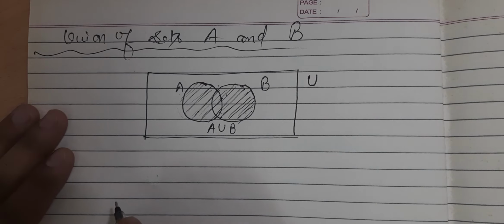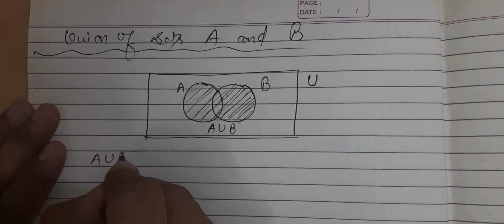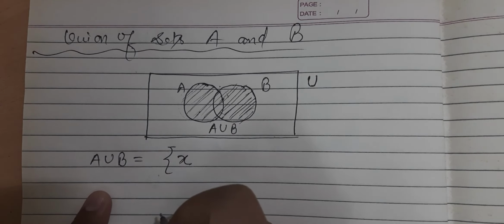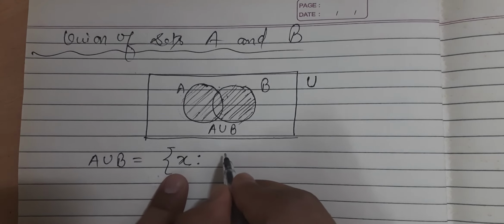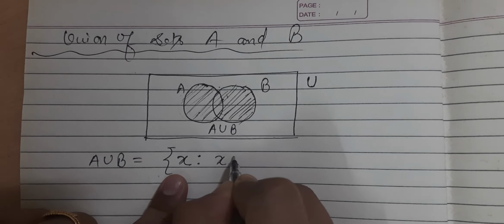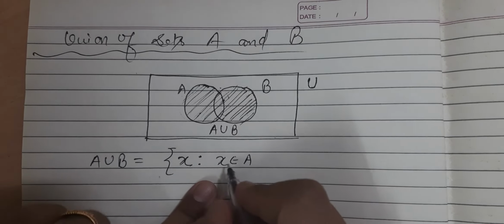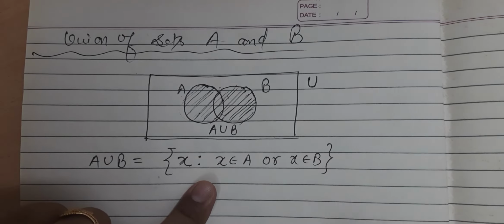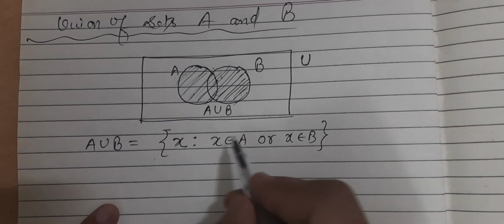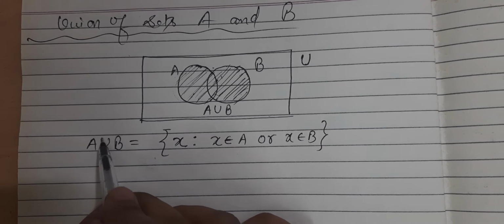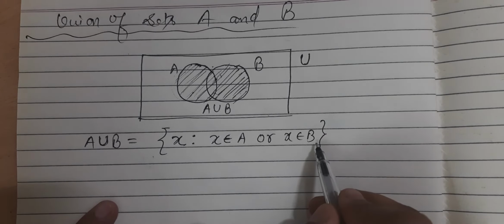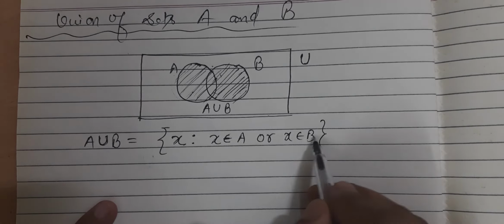Now mathematically, or in symbols, how to write A union B? A union B is the set of all x such that x belongs to A or x belongs to B. Understood? It means union is the collection of all the elements of set A and set B, and also those elements which are common in both.